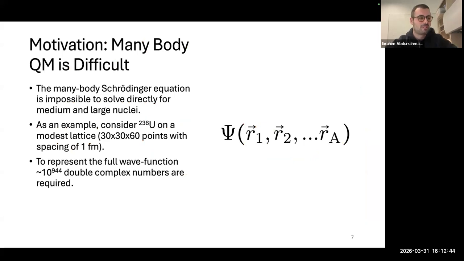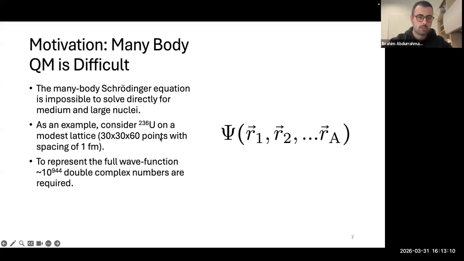So now I'll talk about density functional theory, which is the framework we employ. And just some motivation. Many-body quantum mechanics is very difficult. And to give some context, imagine doing uranium-236, which is a typical fissioning nucleus, and putting it on a modest lattice, so 30 by 30 by 60 points.